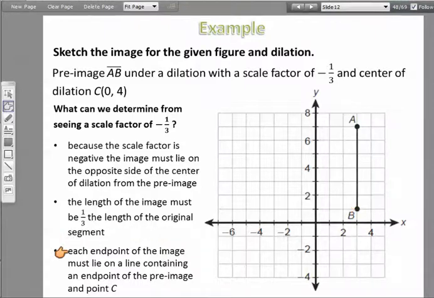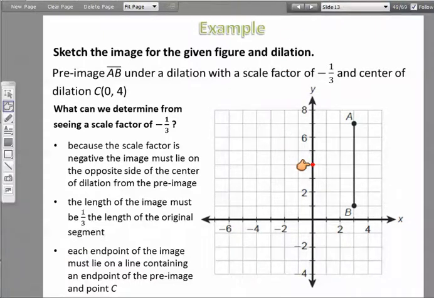Okay? It says each endpoint of the image must lie on the line containing an endpoint of the pre-image and C. So remember in our last lesson we had that quadrilateral where we put a line through the corresponding points of the quadrilateral. Well, we're going to do the same thing now. We're going to draw the line and then plug in the points.